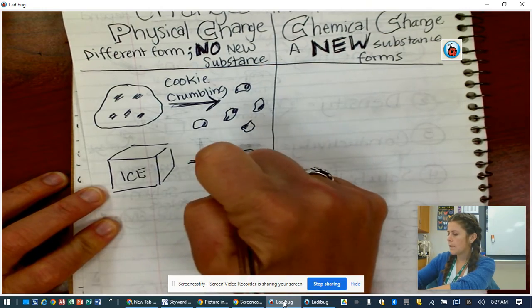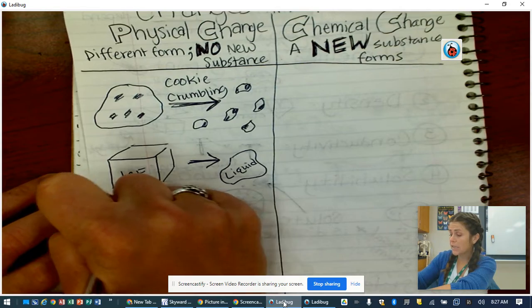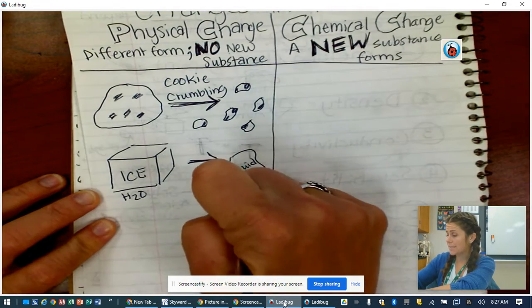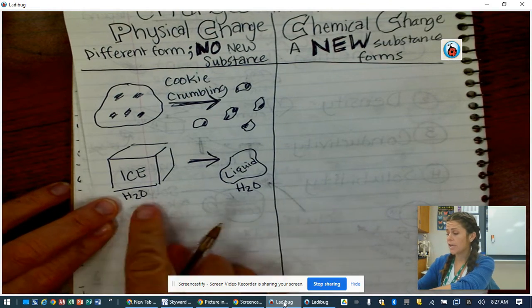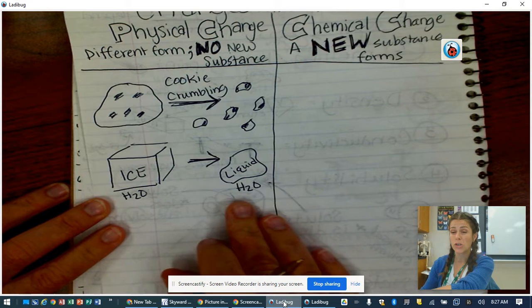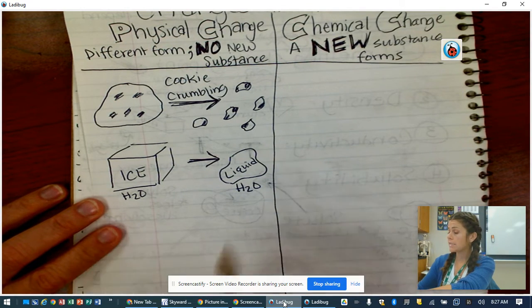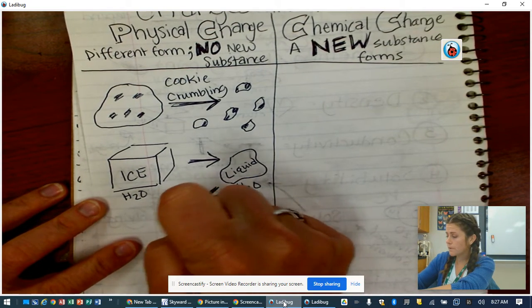Okay. Now, when it changed state, this ice is still H2O, and after the change occurred, it's still H2O. Okay, so we didn't change its chemical formula. We didn't create a new substance. We just changed the look of the substance. And the same can be said when liquid then goes into gas.